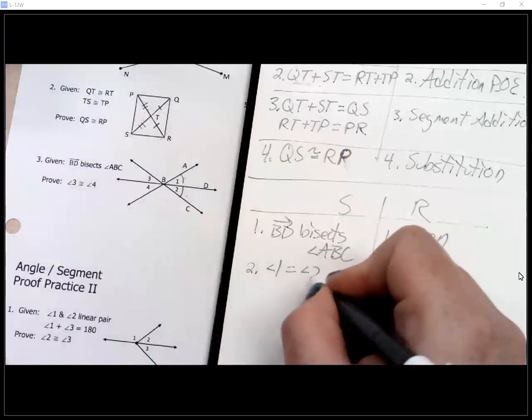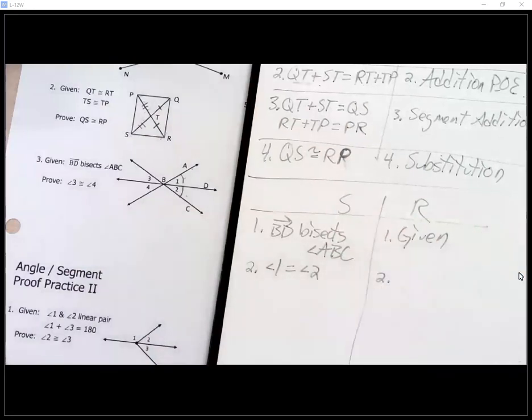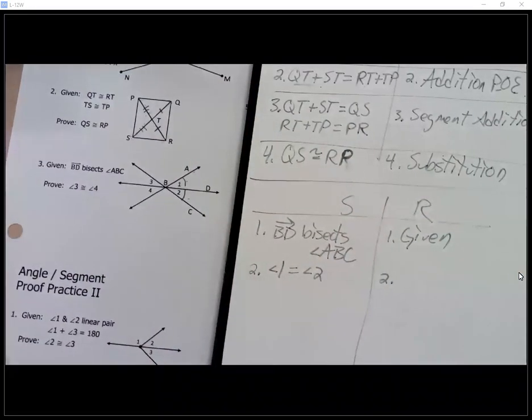How did we know that? What was it that told us that that was going to be true? What was the giveaway? Yes, they used the word bisect. And you know what the word bisect means, don't you? Hopefully. It means take something and cut it into 2 equal parts.